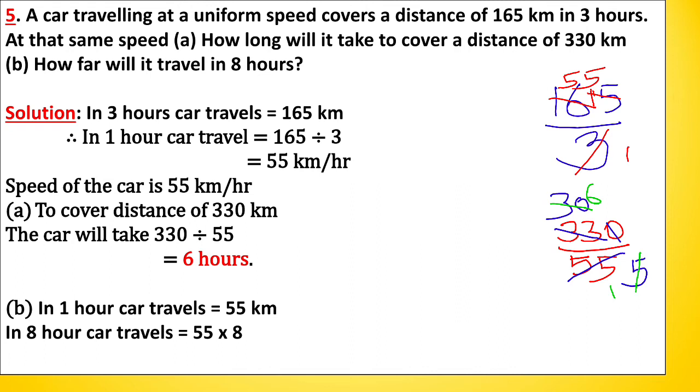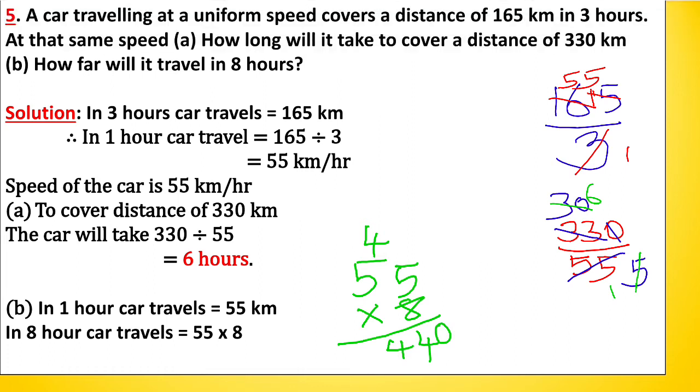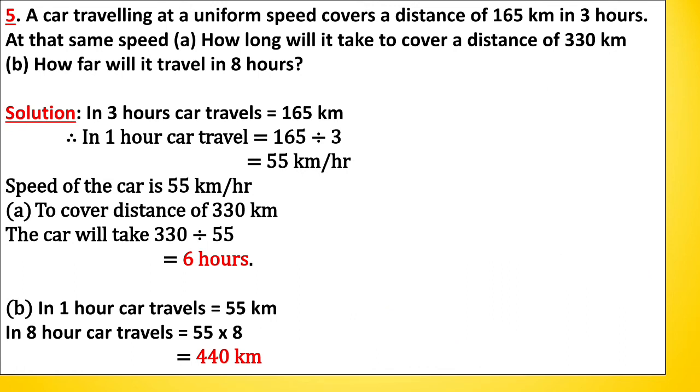But in 1 hour the car travels how much? 55 km. In 8 hours a car travels 55 multiplied by 8. Do the multiplication with the pencil. So here we get how much? 440 km. I hope you understood this sum.